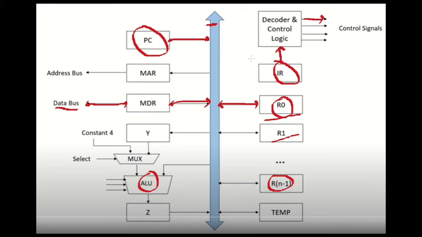You can see there are three registers: Y, Z and temp, as shown in the figure. Here Y is connected to one input of a multiplexer, and the other input of the multiplexer is connected to the constant 4.